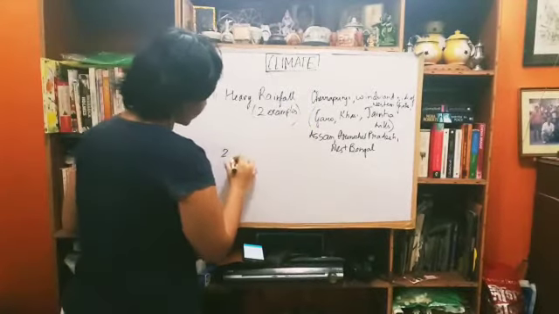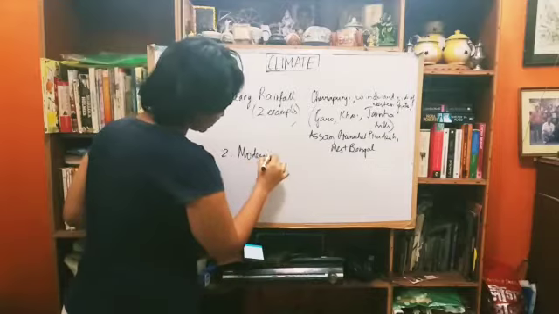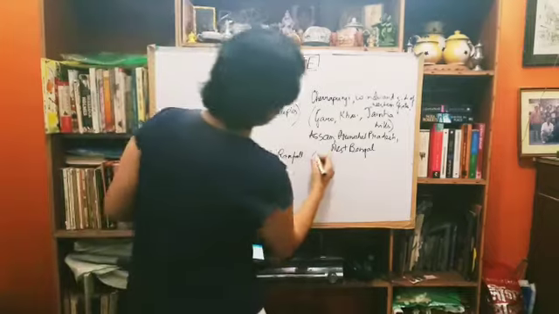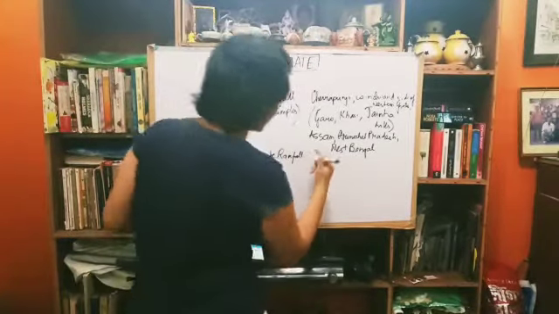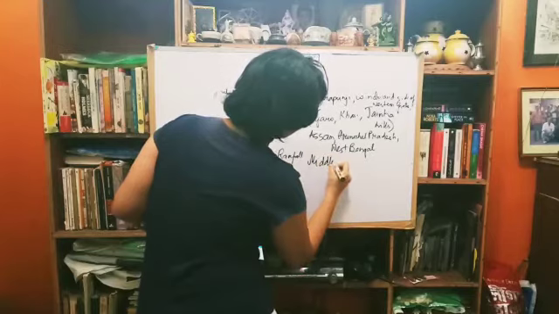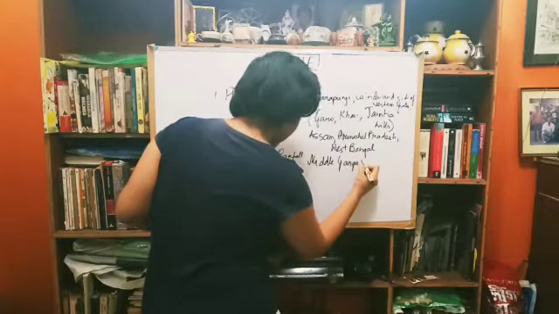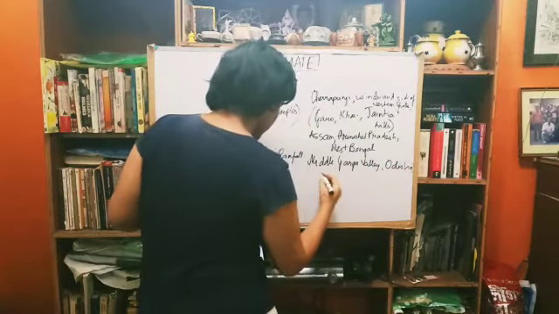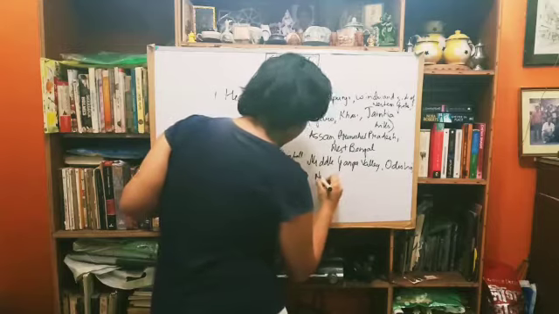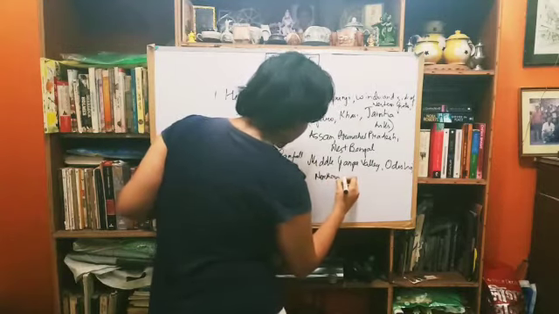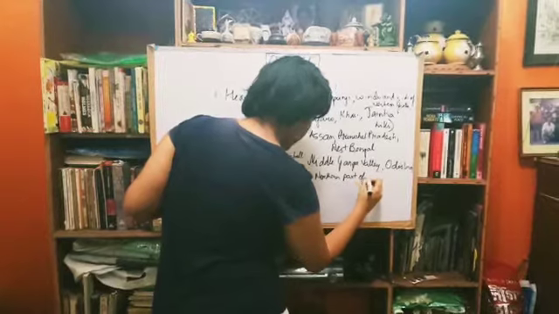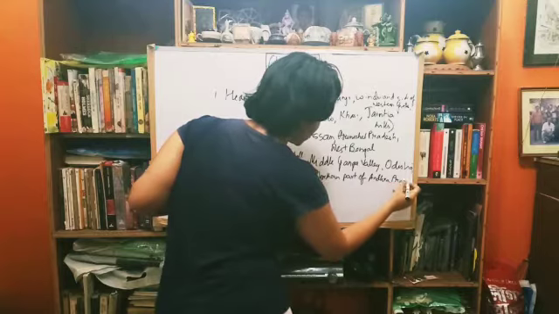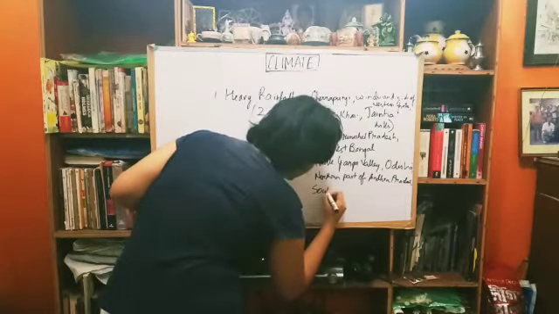Then we have the moderate rainfall region. In this, we can include the middle Ganga Valley, we can include Odisha, we can also include the northern part of Andhra Pradesh, southern part of Tamil Nadu.